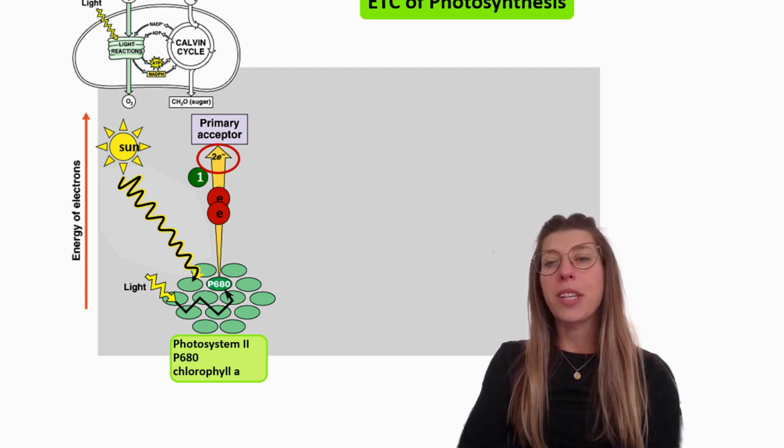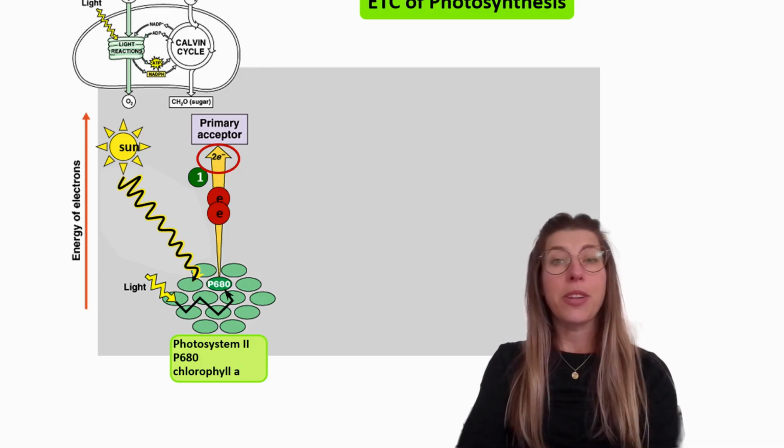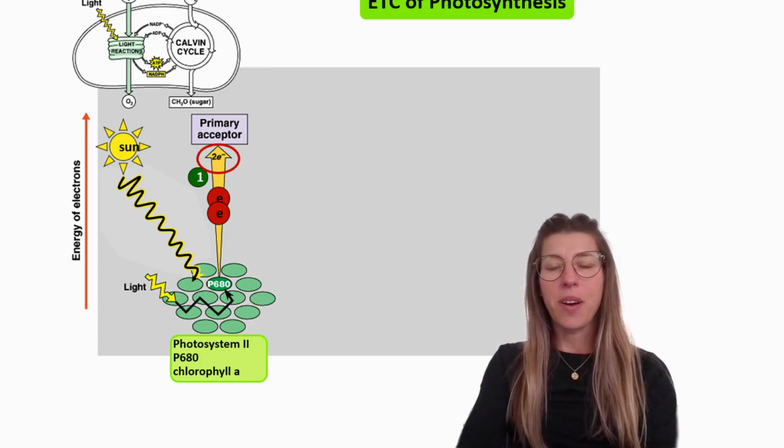It's contributing hydrogen, and it's also contributing electrons to replace the electrons that rose in excitement because of energy from the sun, in which case those new electrons can then eventually rise up to that primary acceptor as those original electrons start moving down the chain.